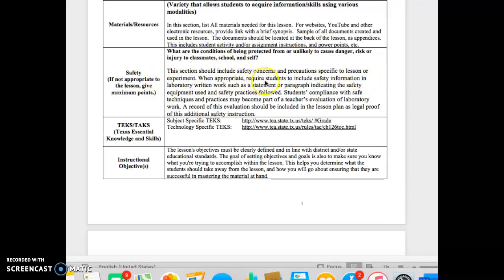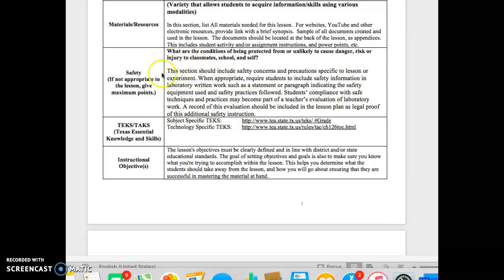When appropriate, require students to include safety information in laboratory written work, such as a statement or paragraph indicating the safety equipment used and safety practices followed. Students' compliance with safe techniques and practices may become part of a teacher's evaluation of laboratory work. A record of the evaluation should be included in this lesson plan as legal proof of the additional safety instruction.